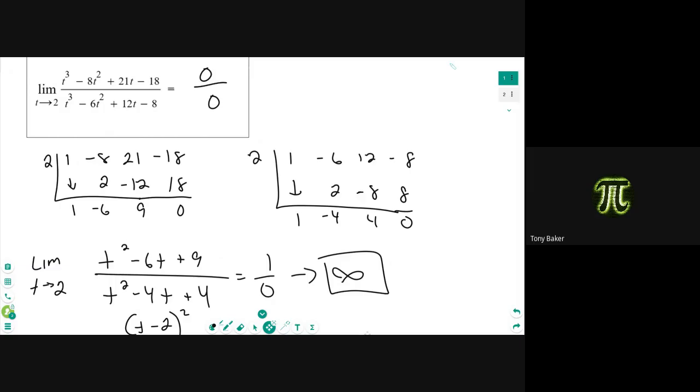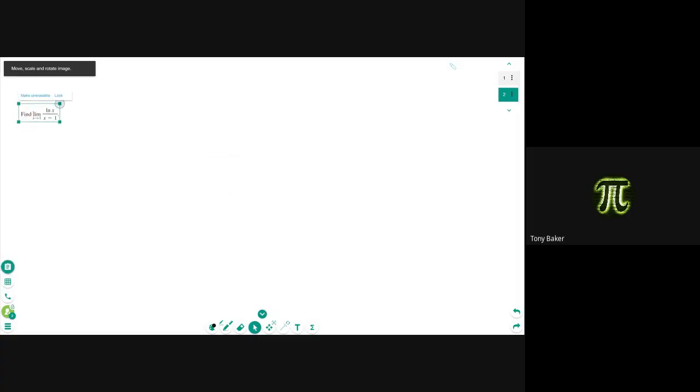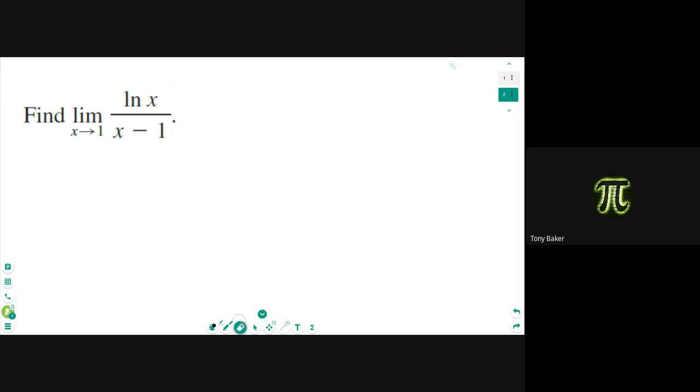But what if we get something like this? What's the limit as x goes to 1 of ln of x over x minus 1?